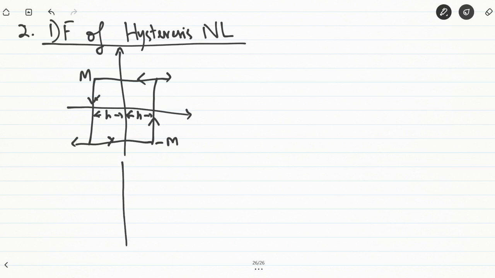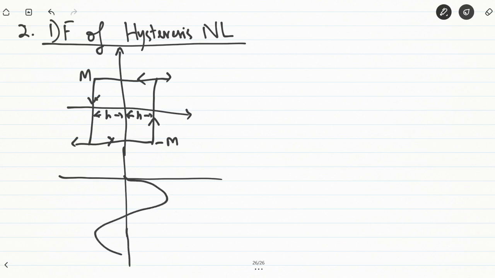Now we are applying a sinusoidal input, x equal to capital X sine omega t, a sinusoidal waveform having a magnitude of X.